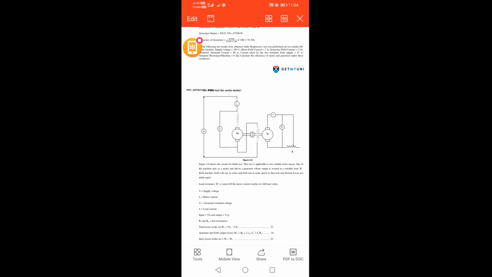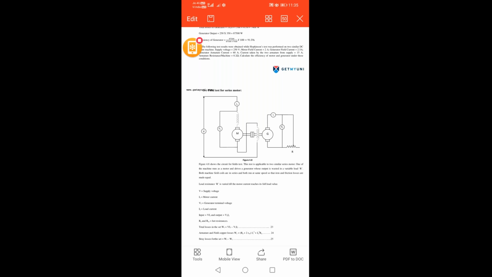Now in the case of the generator, the generator efficiency is output divided by output plus losses. Why? Because we need to represent the equation always in terms of electrical energy. So the electrical form of the generator is output. So output divided by output plus losses, into 100. See here, what is the output of the generator? Electrical energy, sir. Right.